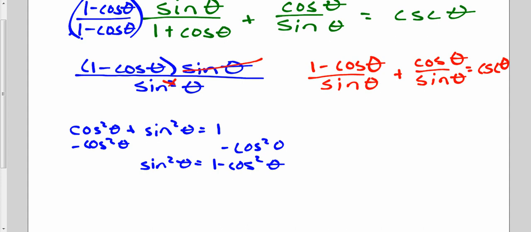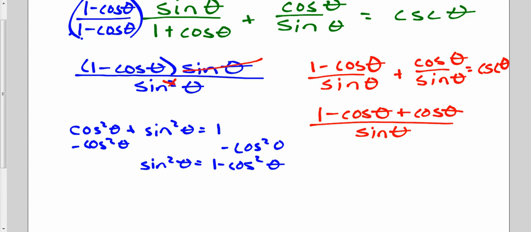Can I push that all into one fraction now? I got common denominators now, don't I? So now I got 1 minus cosine theta plus cosine theta over sine theta equals cosecant theta.